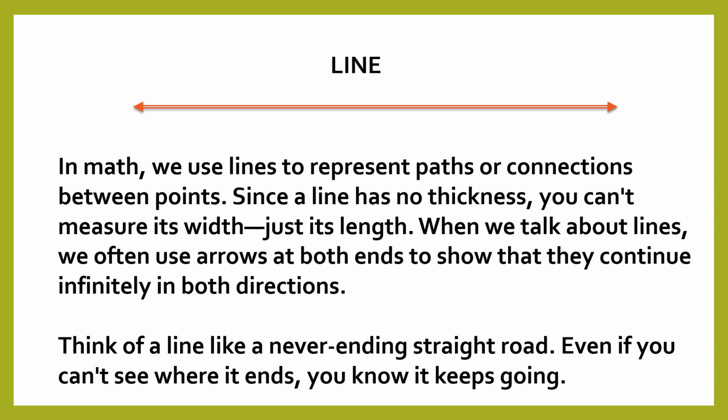When we talk about lines, we often use arrows on both the ends to show that they continue infinitely on both ends. Think of a line like a never-ending straight road. Even if you can't see where it ends, you know it keeps going.